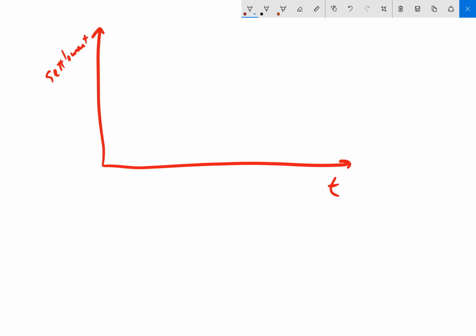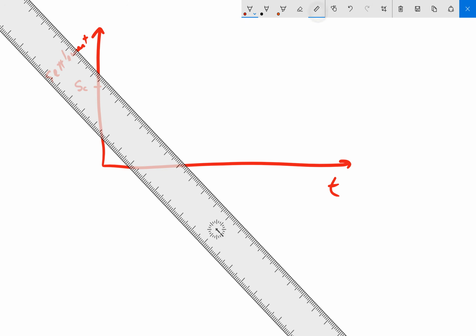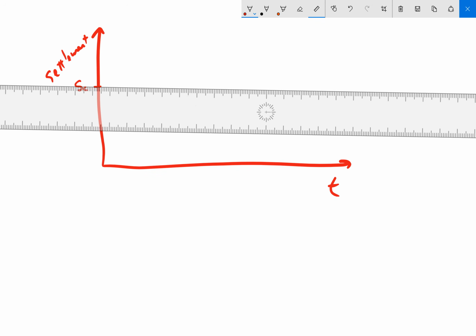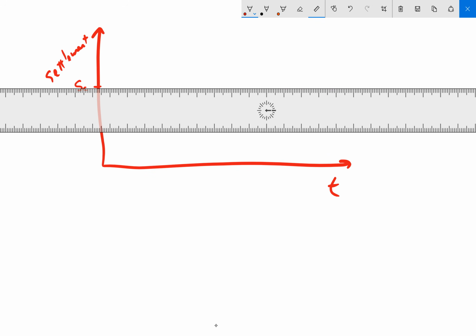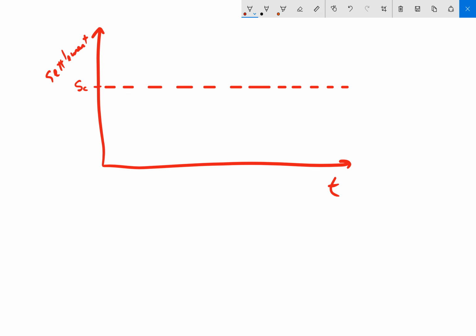Okay, let's say our calculations say that this value right there is going to be our total predicted consolidation settlement. Let's draw that line straight over. So that's our target. All right.